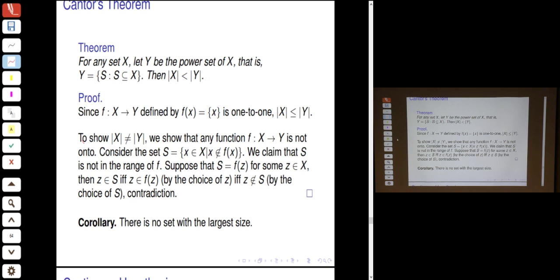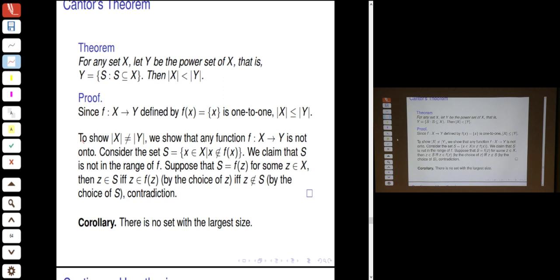Now we drop all these pictures and go straight to this funny set, defined in a way like the diagonal argument. We define S to be the small x from the domain such that small x is not in the image of f.